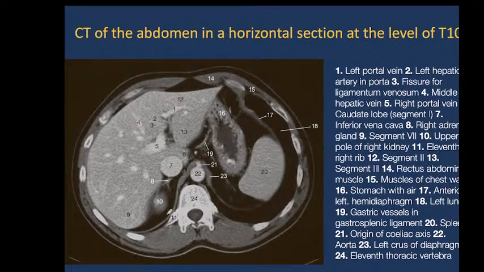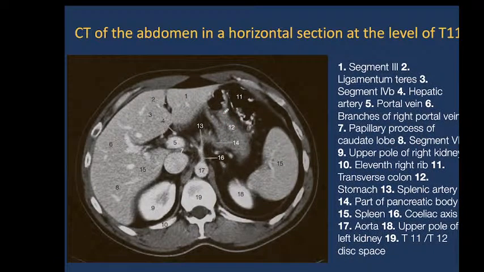Here is the horizontal section CT scan through the liver. This is thoracic vertebra number 10, and we also see the stomach. Number 20 is the spleen, and large organs with vessels inside. This is of course the liver, and its position. Here is the stomach.